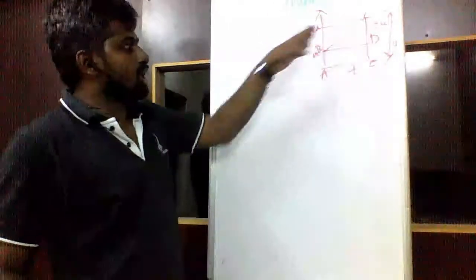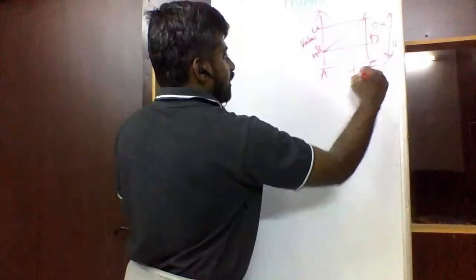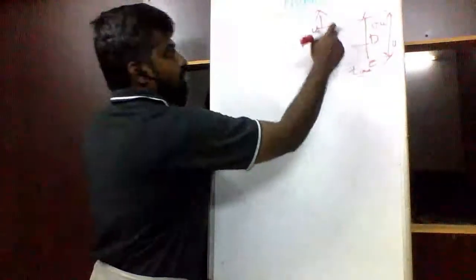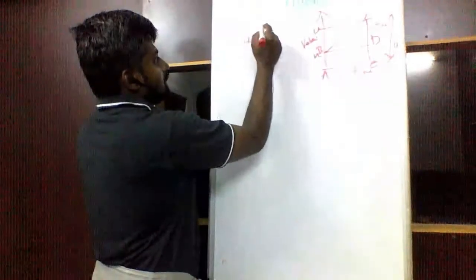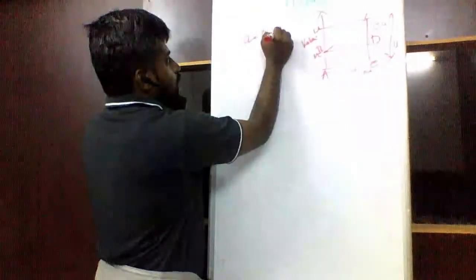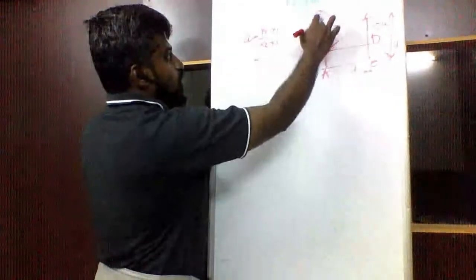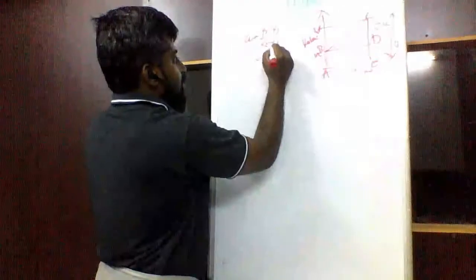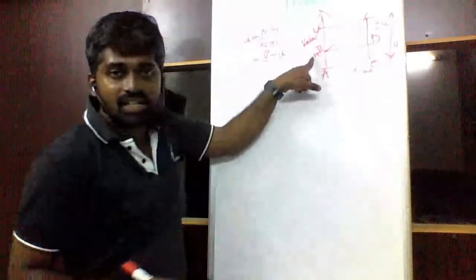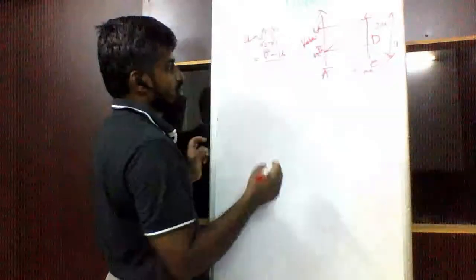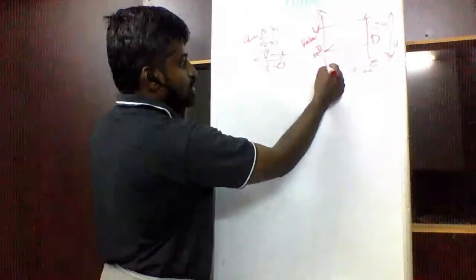From the velocity time graph, what can we find? The slope of this curve gives the acceleration: a is equal to (y2 minus y1) divided by (x2 minus x1). y2 is the final velocity v, y1 is the initial velocity u. x2 is T, and x1 is 0.